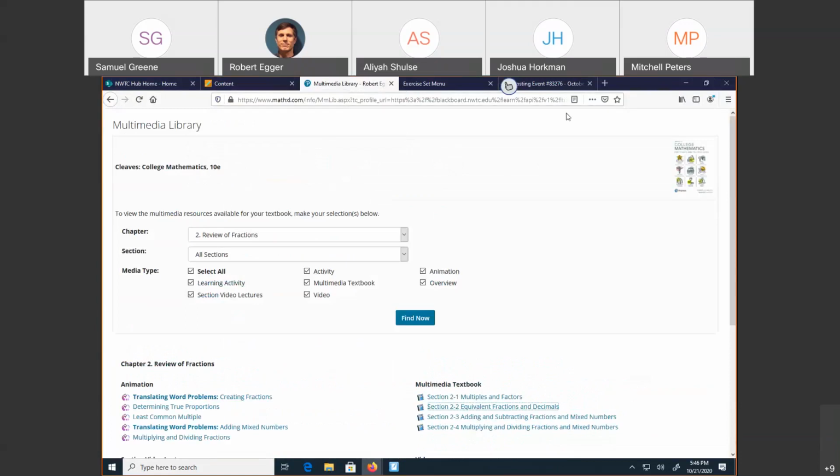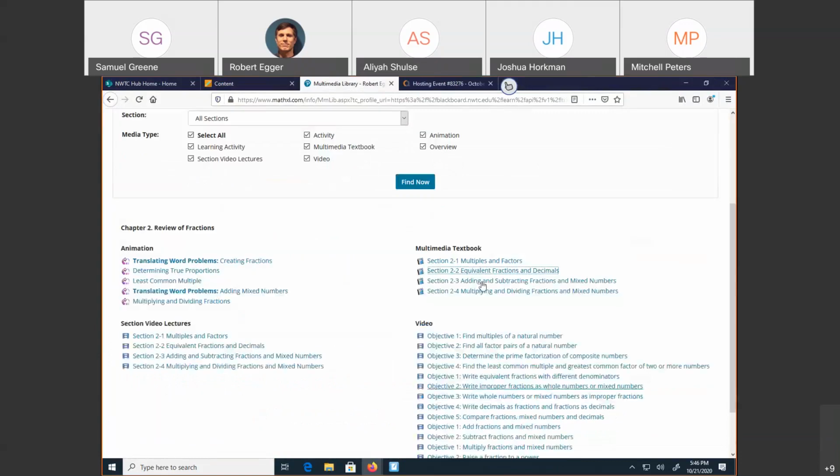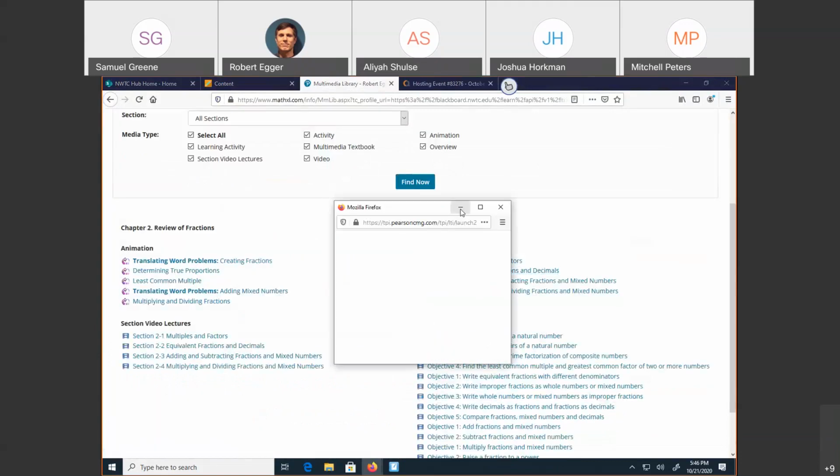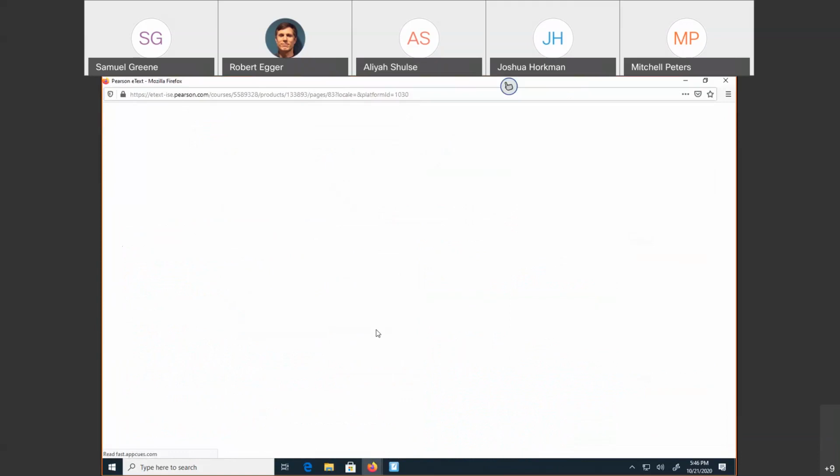What is it with this crazy thing? There's a drop down that keeps popping up with this WebEx, and it just drives me nuts.